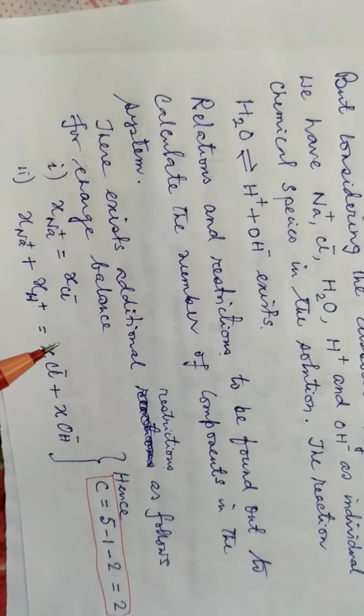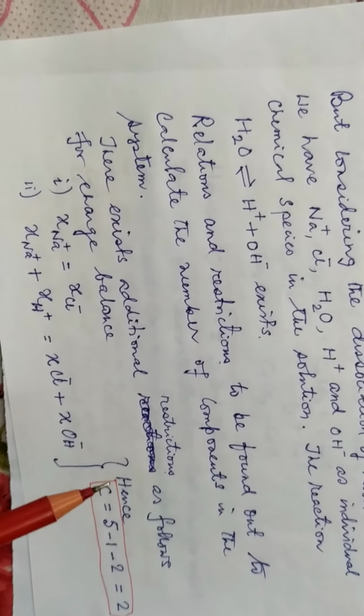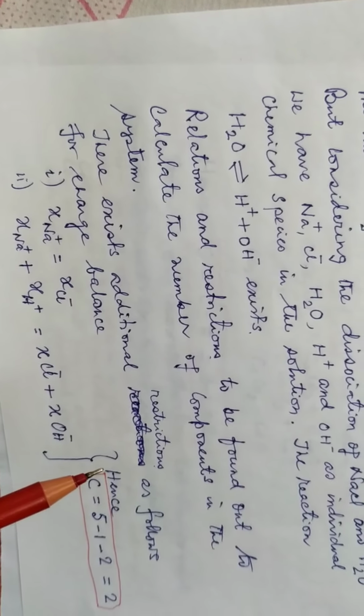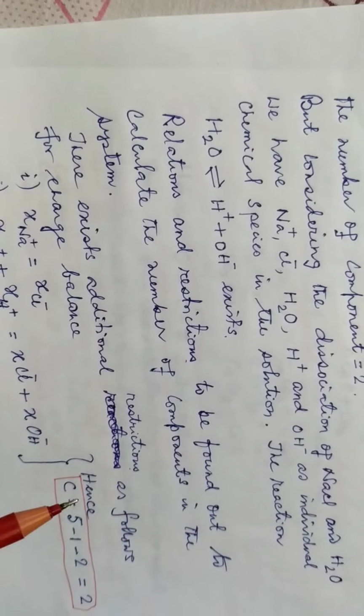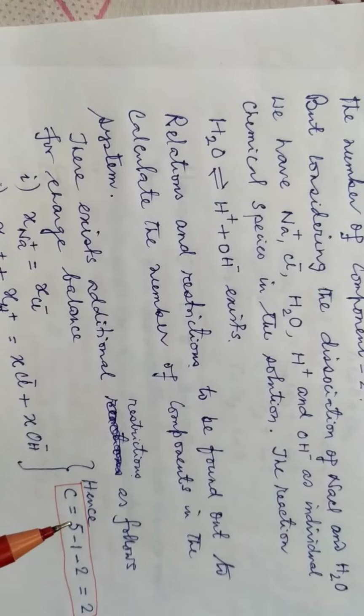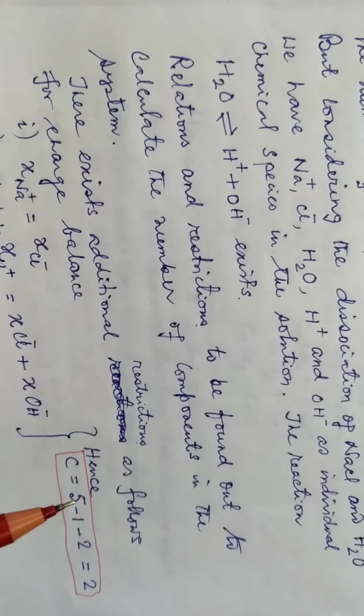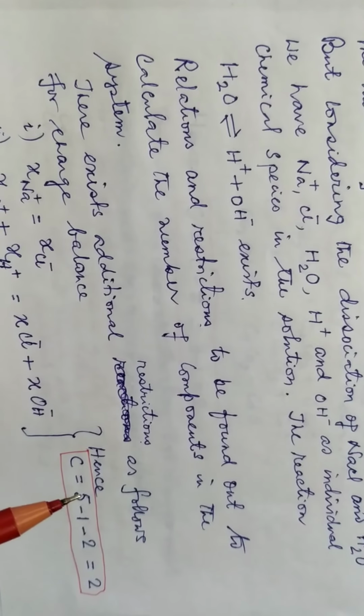So we see that here C equals C dot minus Z minus 1. Here C dot equals 5, the total number of individual chemical species is 5.